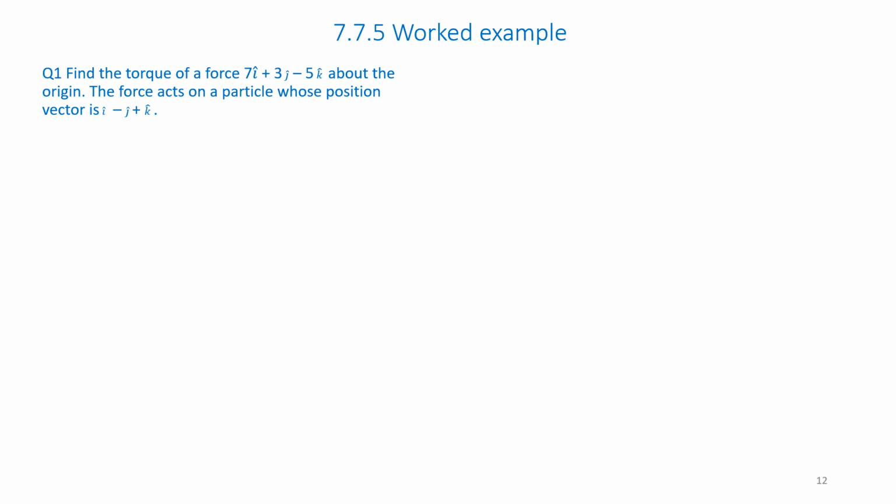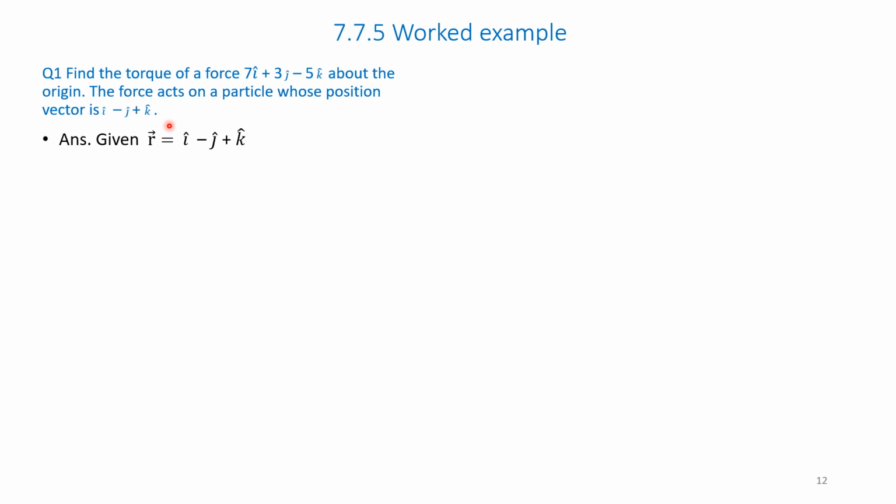Question number 1. Find the torque of a force 7i plus 3j minus 5k about the origin. The force acts on a particle whose position vector is i minus j plus k. Here F is equal to 7i plus 3j minus 5k and position vector r is i minus j plus k.